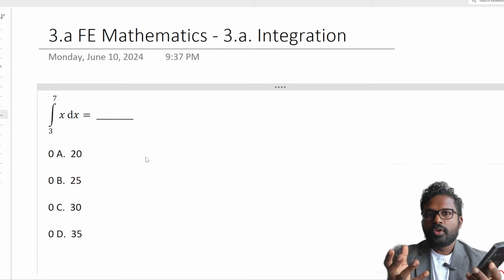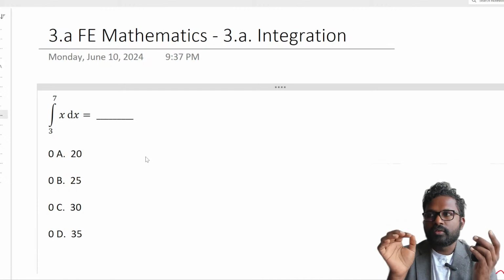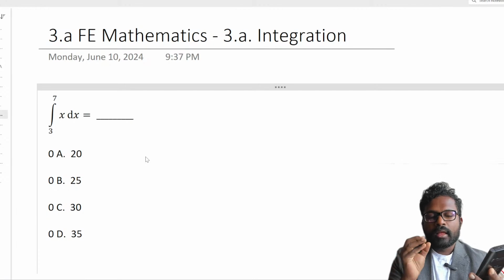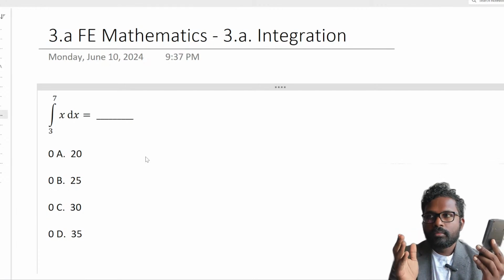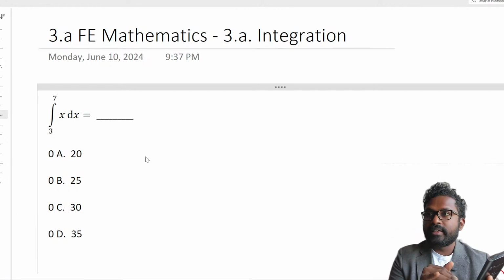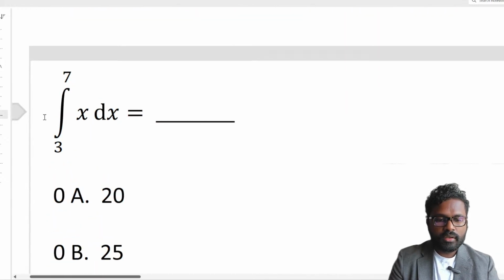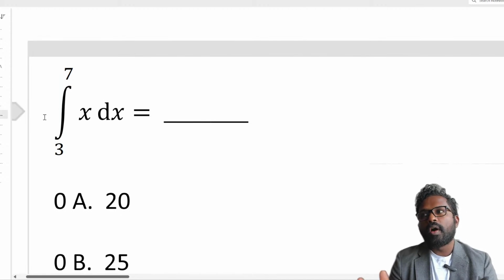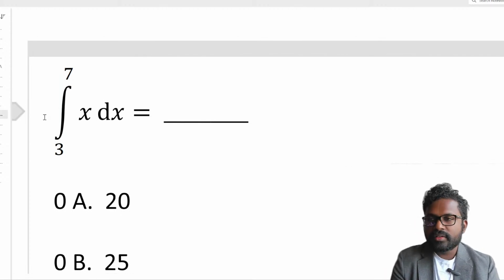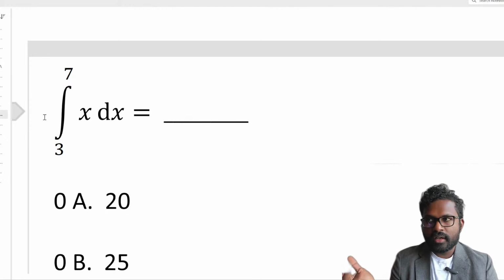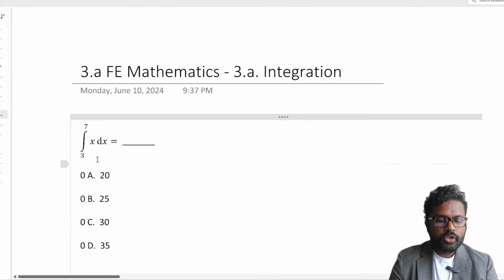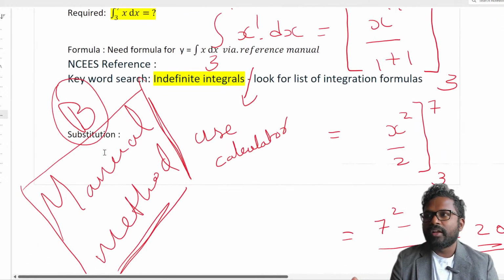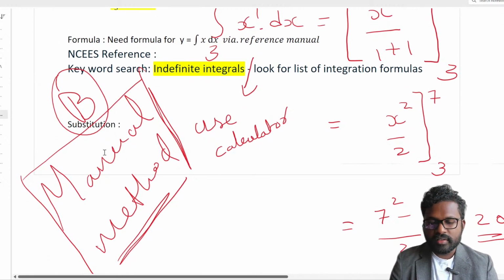Once you click it, you will see two dotted squares with the equal to symbol in between. On the left hand side, just put the integral equation that they are requesting, the integral of 3 to 7 of x dx. On the right hand side, put y. Once you put all of this in, you just solve the equation and you should be able to get the answer as 20. So the manual method and the calculator will both give you the same result.